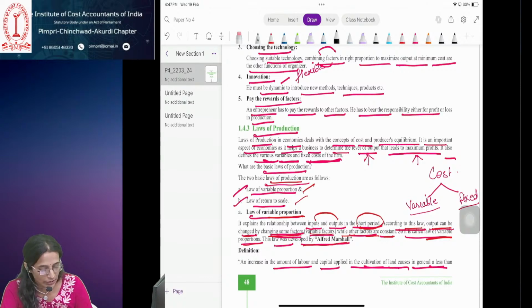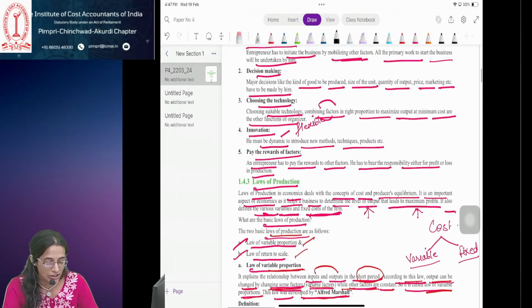So they have explained here why these laws of production are required. Law of production in economics deals with the concept of cost and producer's equilibrium. It is an important aspect of economics as it helps a business to determine the level of output. How much quantity of goods to be produced? What is the level of output?